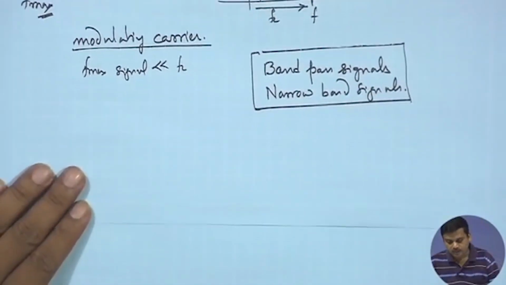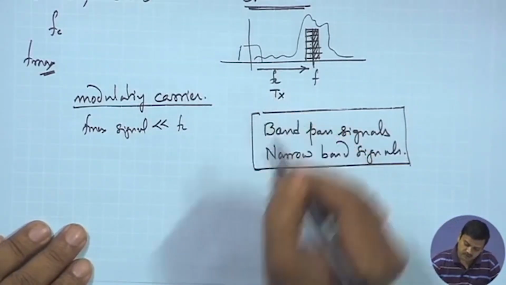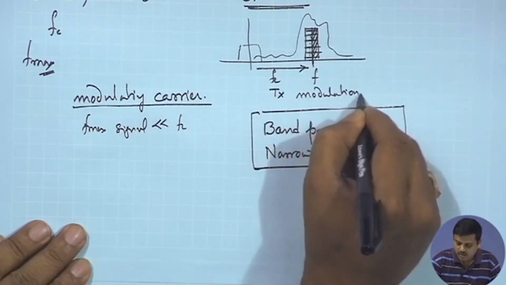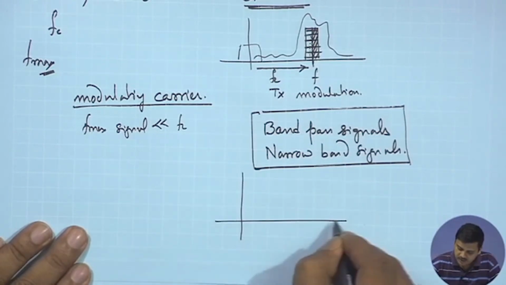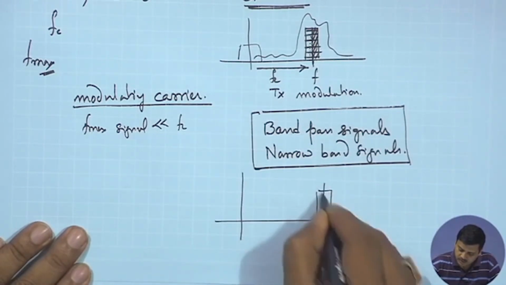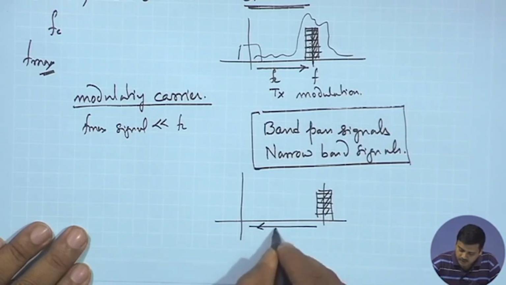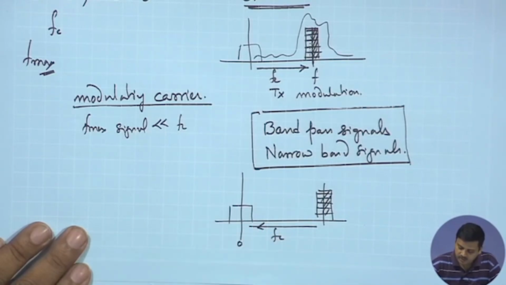So, when you need to up convert with the carrier frequency, this operation you generally do at the transmitter, and you call it modulation. Similarly, at the receiver side, what you do is the reverse operation. You would down convert this signal and bring it back to its original position.